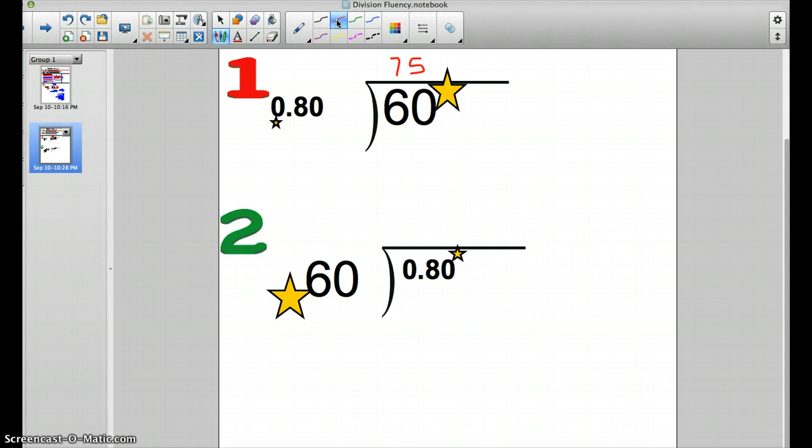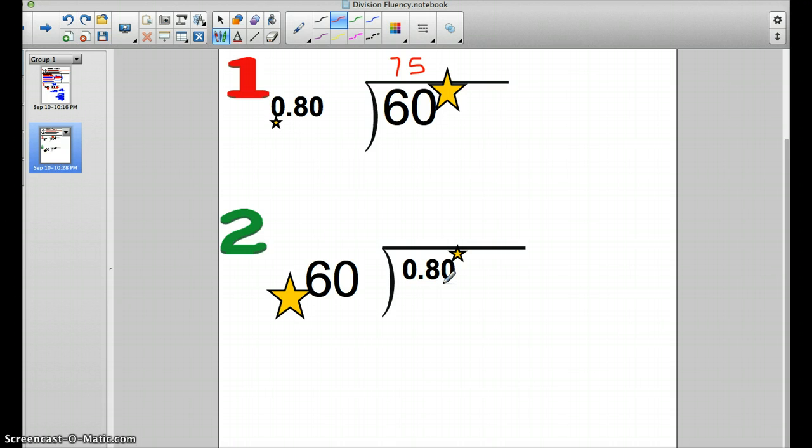And I'm going to use a language conversion strategy here to complete this problem, but I have to conceptually know that the quotient to this problem will be less than 1 because you cannot fit 60 into even 1. This value, 80 hundredths, is less than 1. How many 60s go into 1? None.